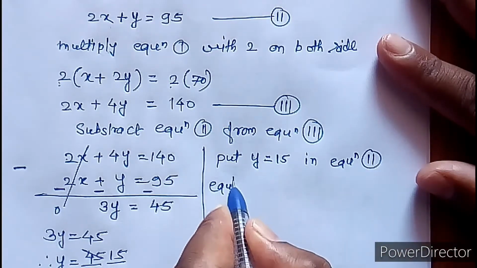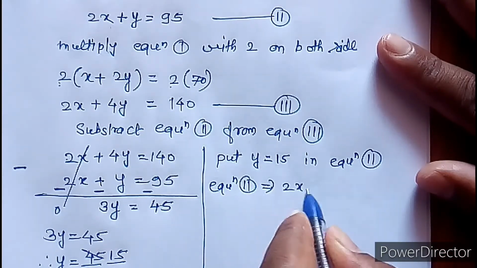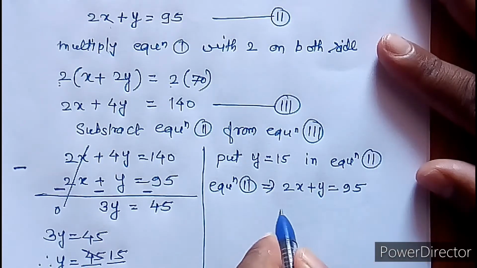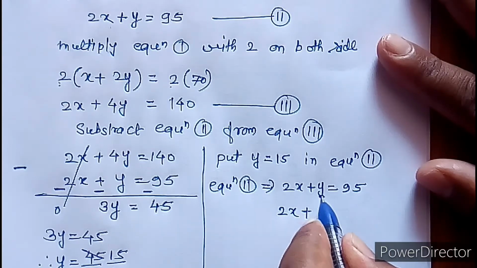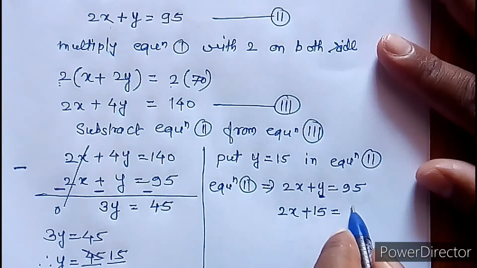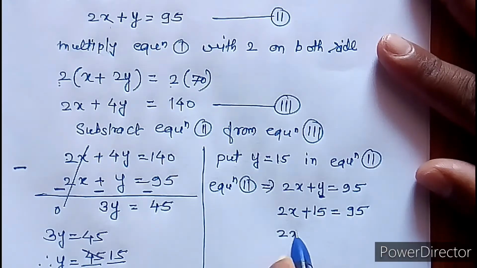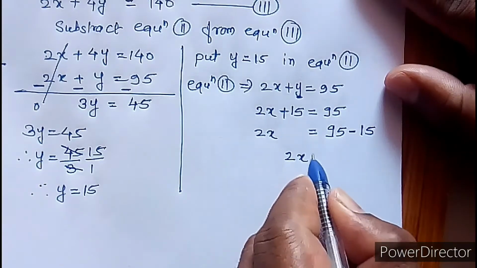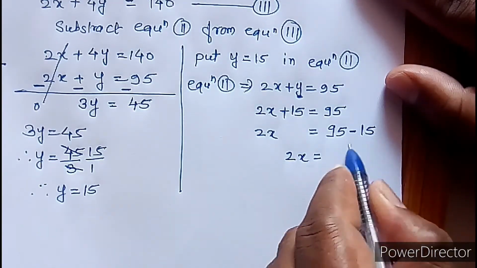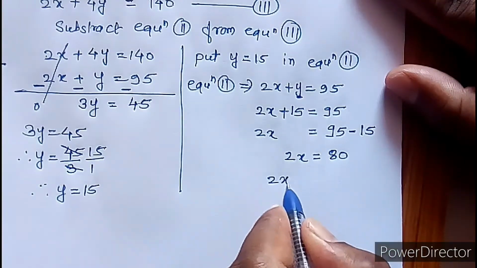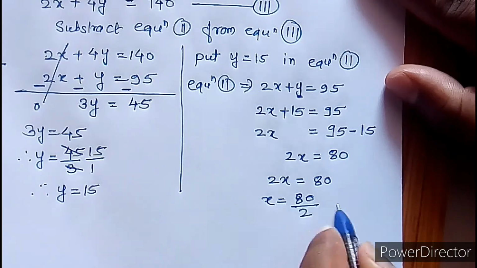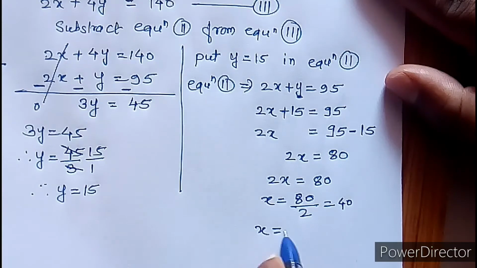Equation 2 is 2x plus y equals 95. So 2x plus 15 equals 95, then 2x equals 95 minus 15, as 15 goes to the other side and becomes minus. Twice x equals 80, then x equals 80 divided by 2, which is 40. Now we get the value of x equals 40.